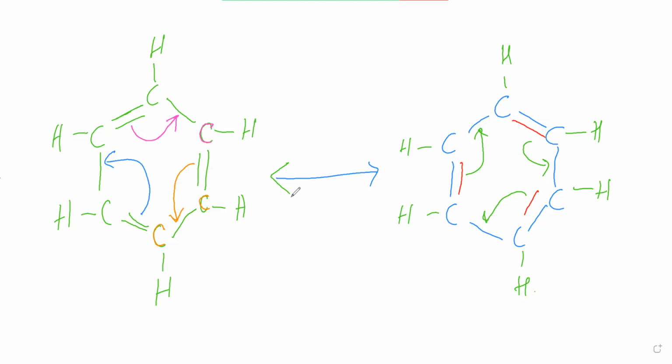Yes, sir. Okay. Then we represent another structure that will represent both these structures. Okay, what would be that? Let's see. This. And I'm writing a circle here. Can you see this structure? This circle means that the six pi electrons are moving in this circle, okay?